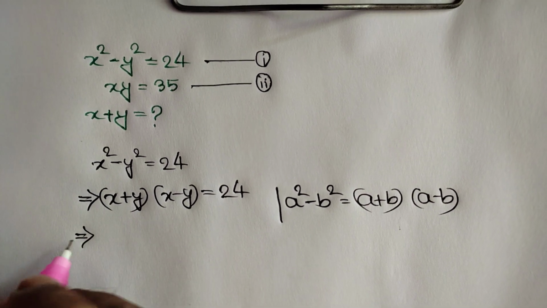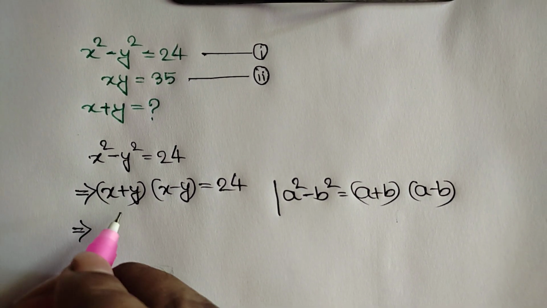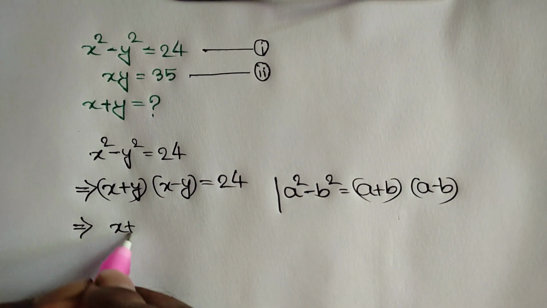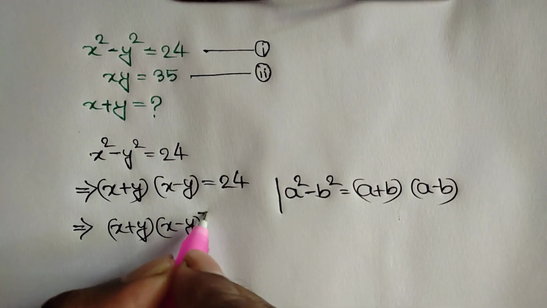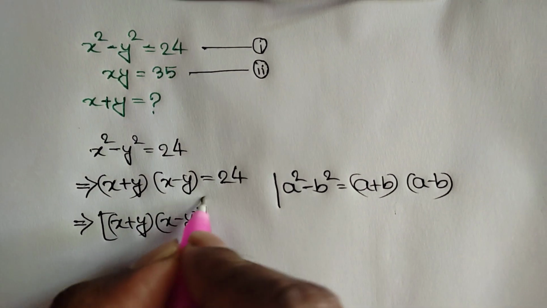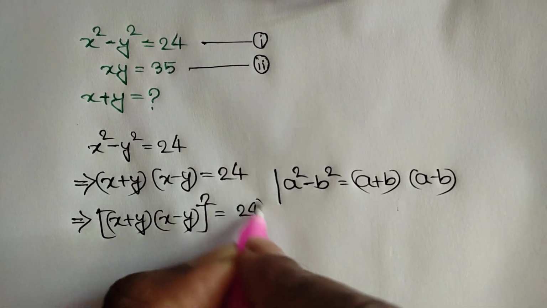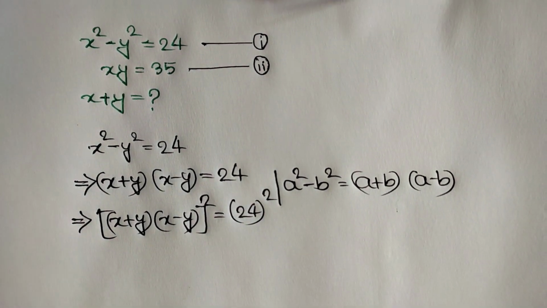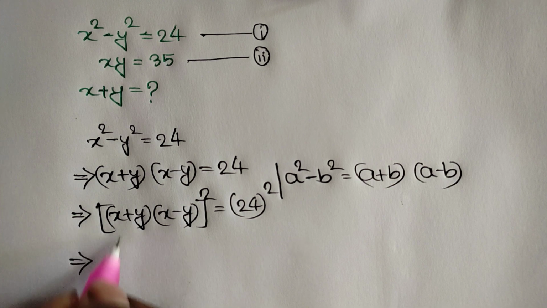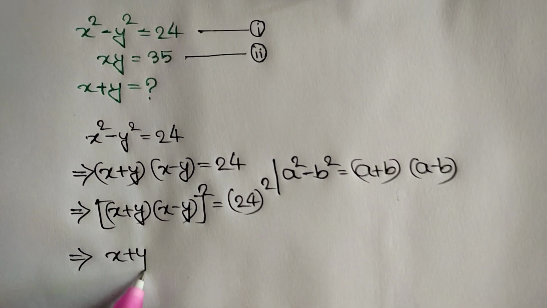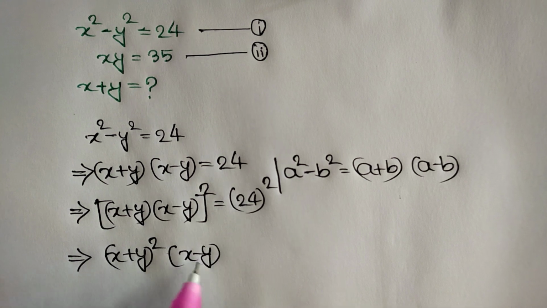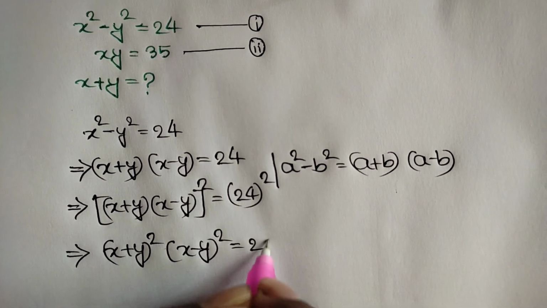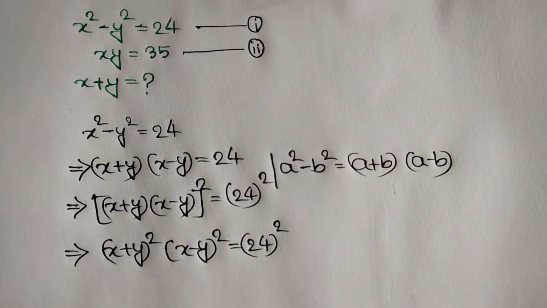Now taking square to both sides, we can write x plus y times x minus y whole square is equal to 24 square, or x plus y square times x minus y square is equal to 24 square.